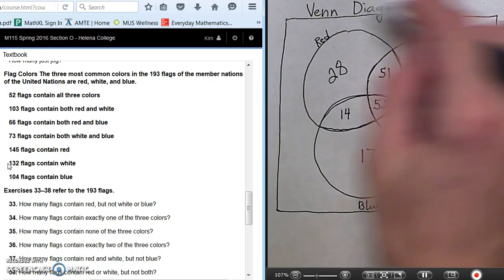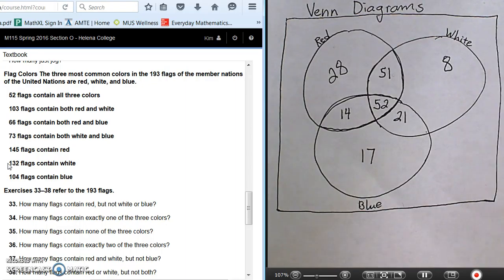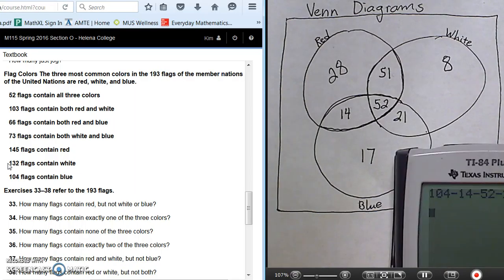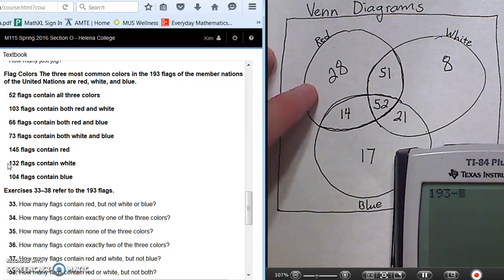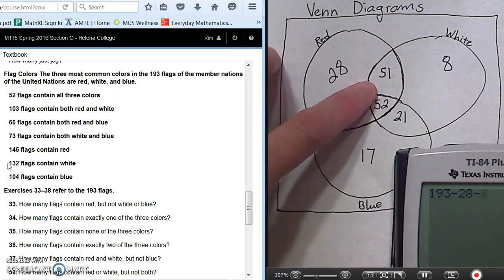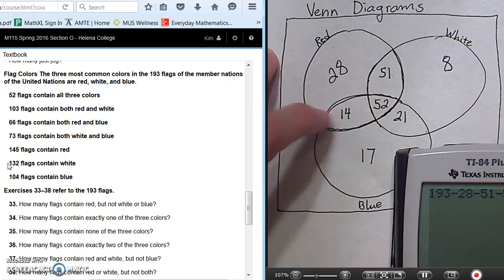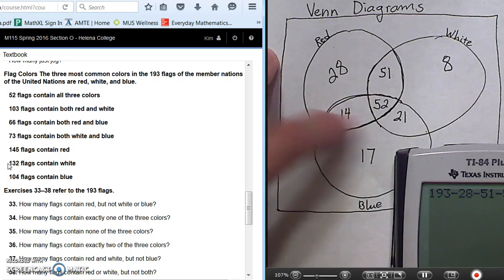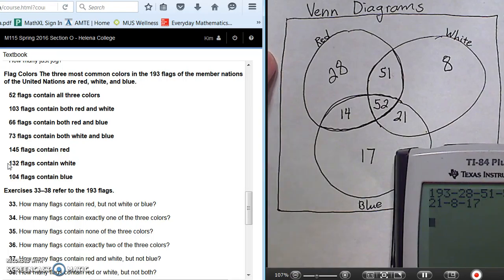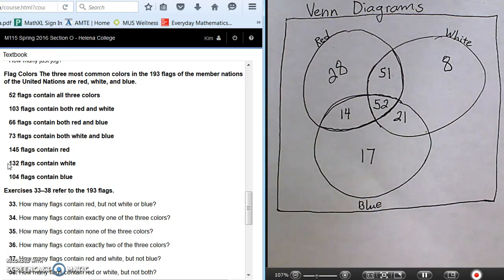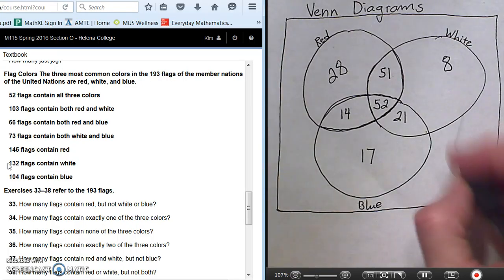That means in all of the rectangle there should be 193. Now I'm going to take away all the values that I've written in every part of every circle. 193 minus 28, 51, 52, 14, 21, 8, and 17. I get a total of 2. There are 2 other flags.